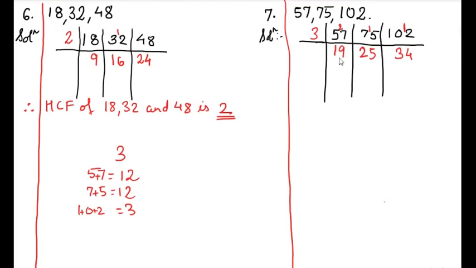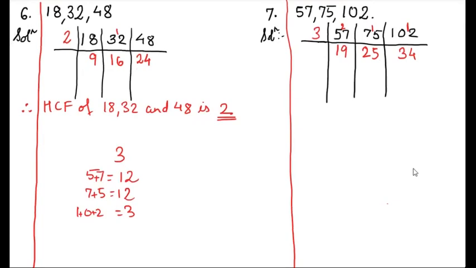Now we will check whether 19, 25 and 34 are divisible by any common number or not. So now we will see further. Our first number is 19. And if you have memorized the list of prime numbers, you will understand that 19 is a prime number, isn't it? So 19 will be divisible by 1 and the number itself, that means 19.